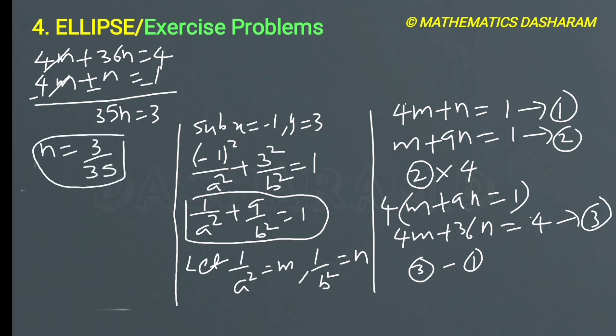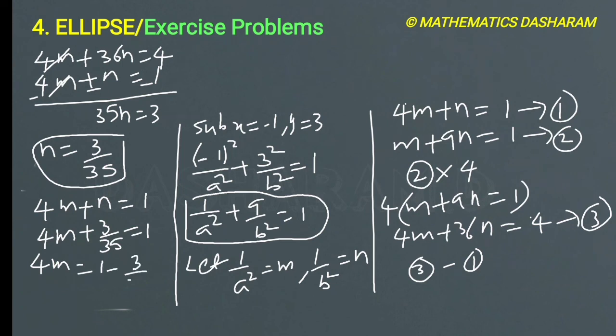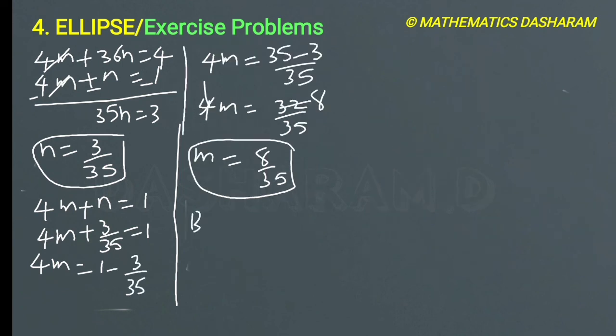So substitute this value in either 1 or 2 or 3, but I am substituting in equation 1. 4m plus n equals 1. 4m plus n value 3 by 35 equals 1. So 4m equals 1 minus 3 by 35. But at the beginning we selected that 1 by a square equals m.